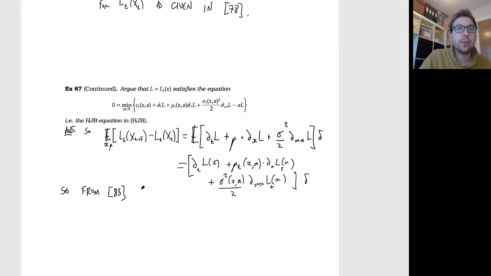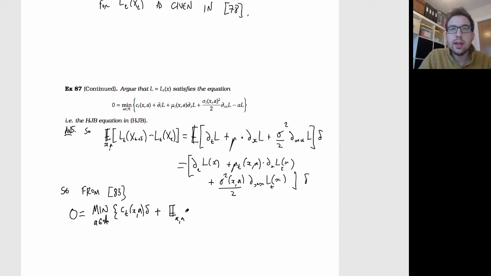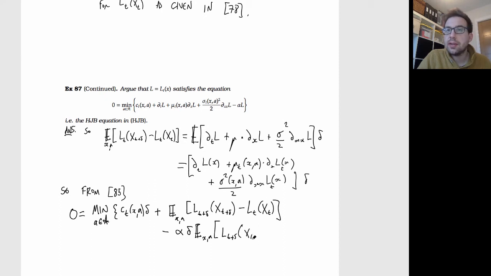We have that 0 equals the minimum over the set of actions of c of t, x of t, a times delta, plus the expectation given x of a of L of t plus delta, x of t plus delta, minus L of t, x of t, minus alpha delta times the expectation given x of a of L of t plus delta, x of t plus delta.